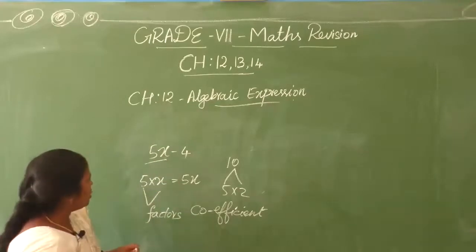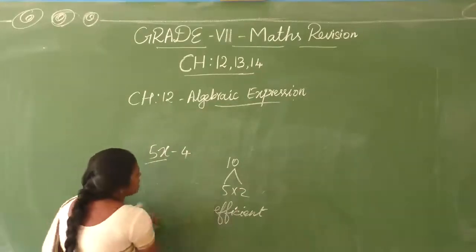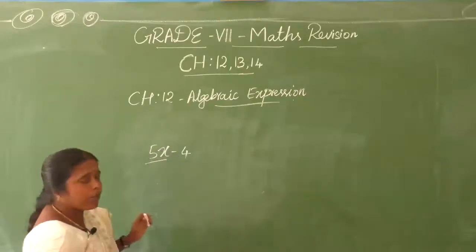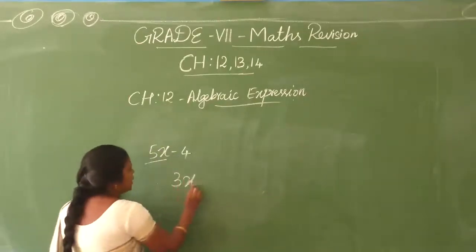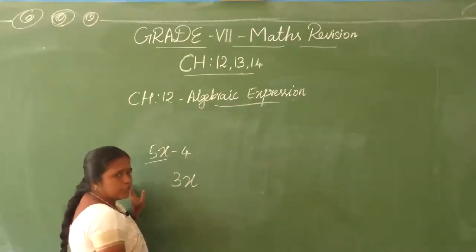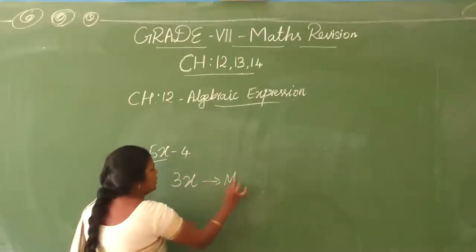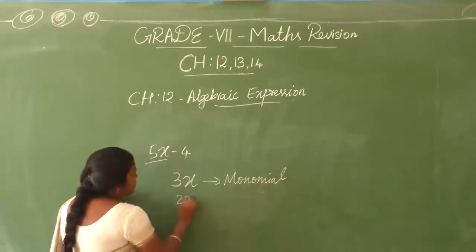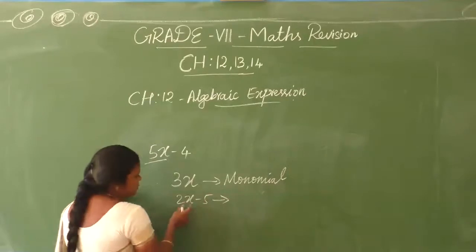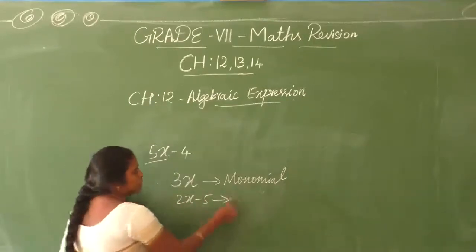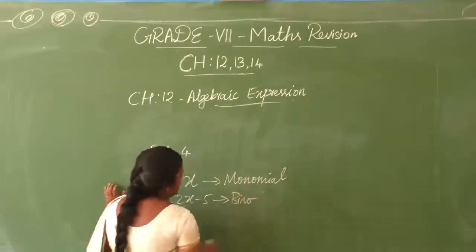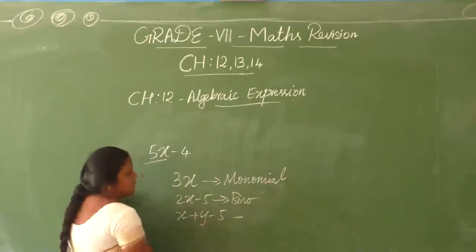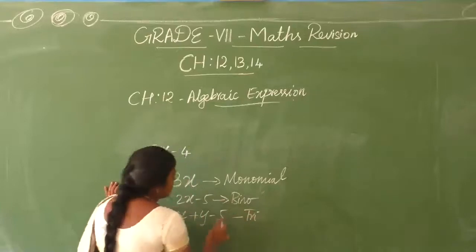Understood? Now, after that, types of expression. Only one term, what do you call? Monomial. 3x, simply only one term is there, so it is called a monomial expression. 2x minus 5, 2 terms, this is one term, this is another term, binomial. 3 terms is especially trinomial.